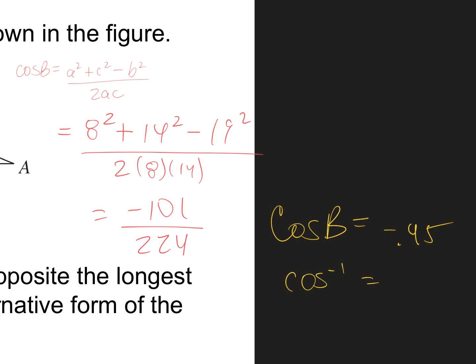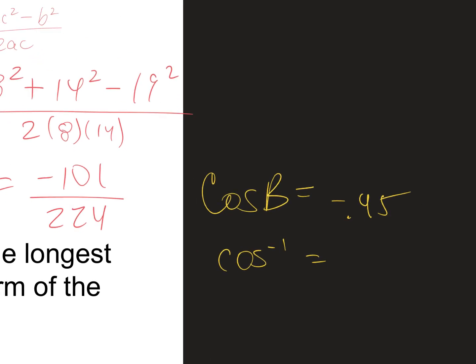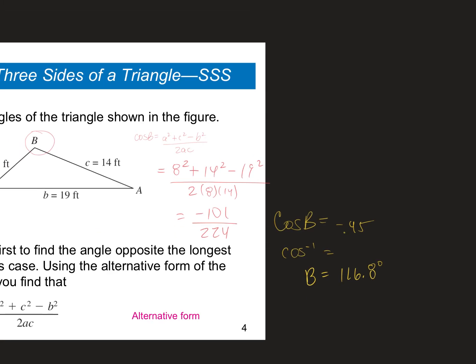Cosine -1. Make sure you don't make that mistake. A lot of people do that. It's not sine -1, it's cosine -1. What is cosine -1 of -0.45? So 116.8 degrees. Make sure you put your degree symbol.